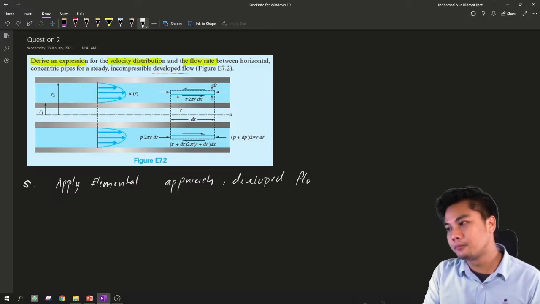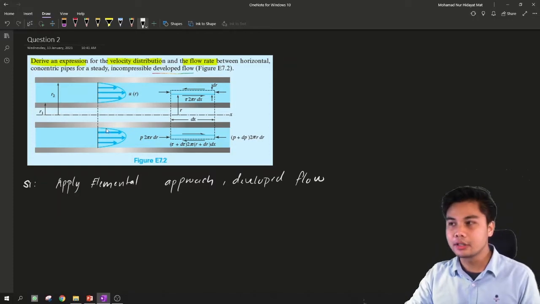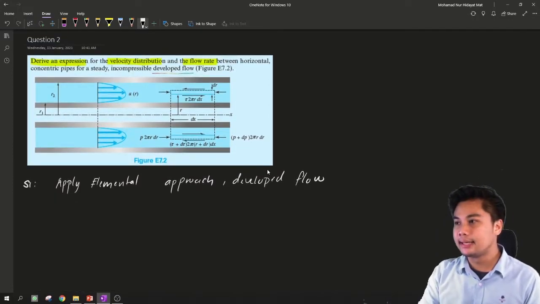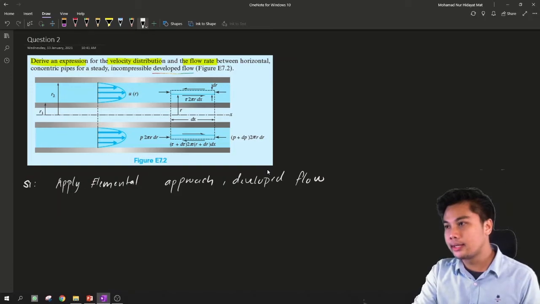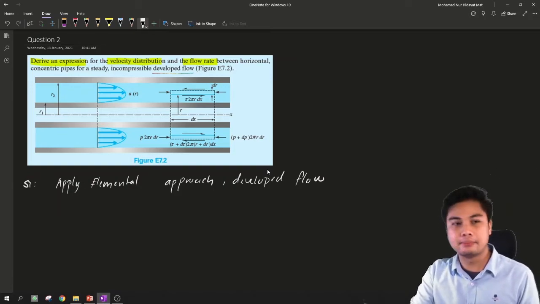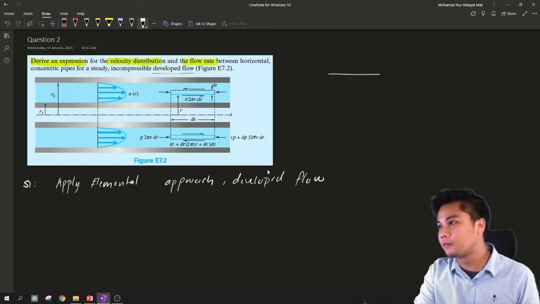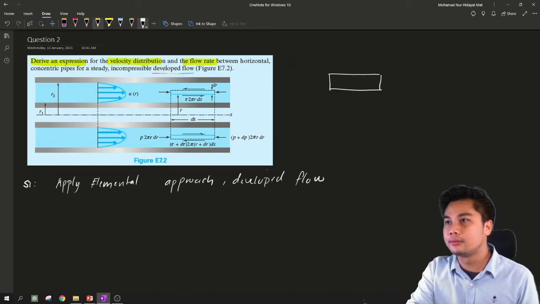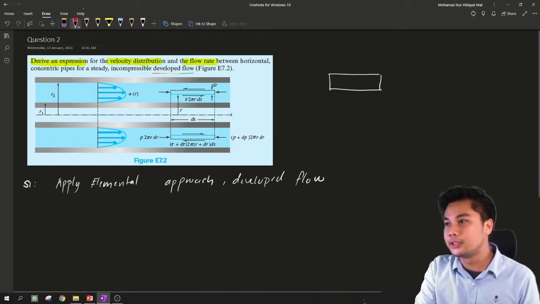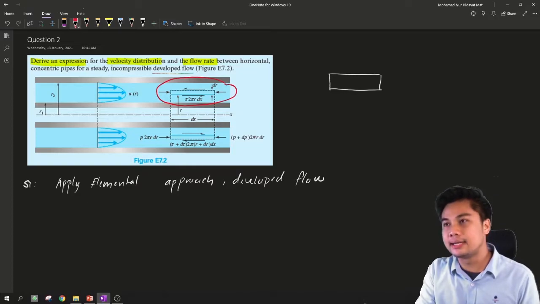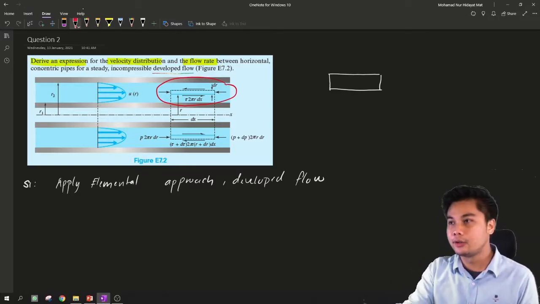So for this case, let's take out one element here. For example, this is the element, we take out this portion. Basically at the bottom is the inner pipe.